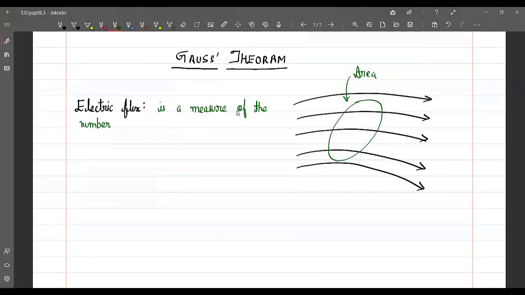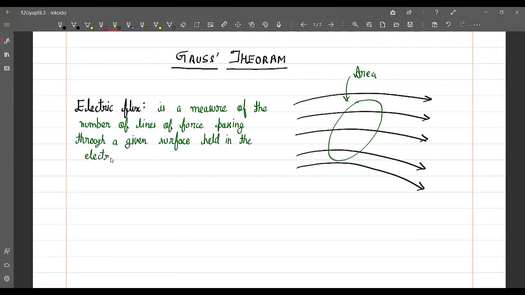So it's a measure of the number of lines of force passing through a surface held in the electric field. That's the definition.